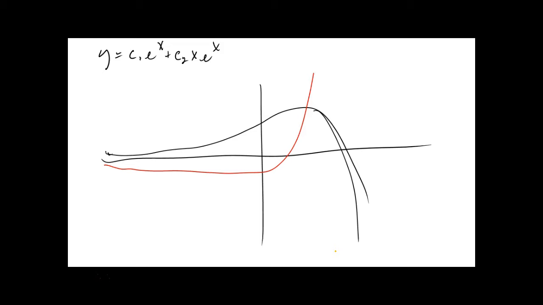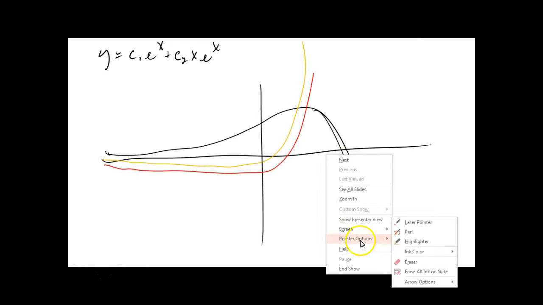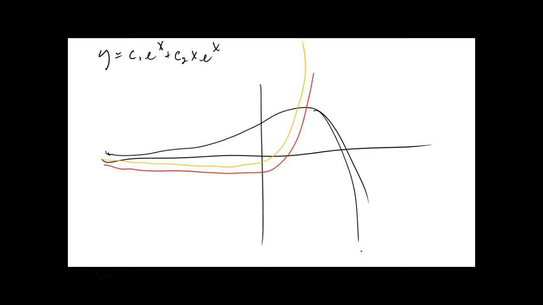Let's do another black. It does something like this, okay? Let's do another one. I don't see how this is really very instructive, but I'm trying to reproduce what they have in the book. Let's do a green one, and their green one does something like this.